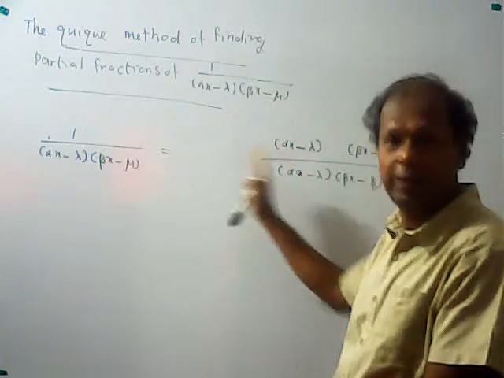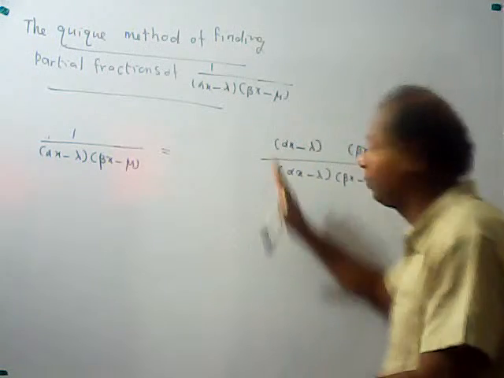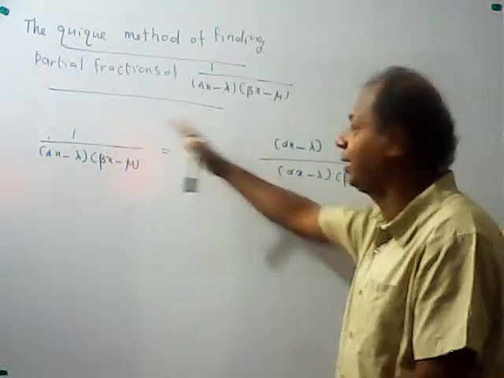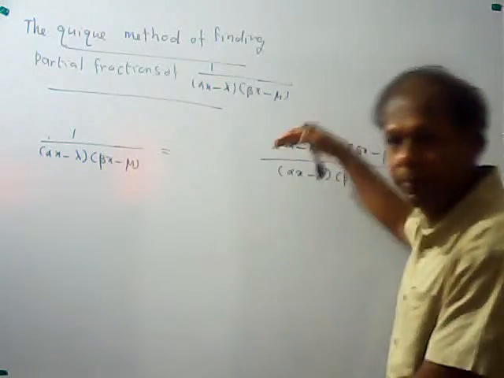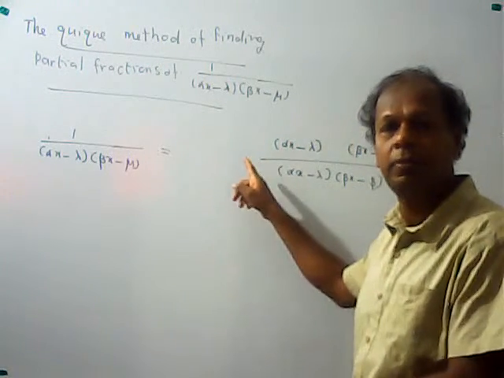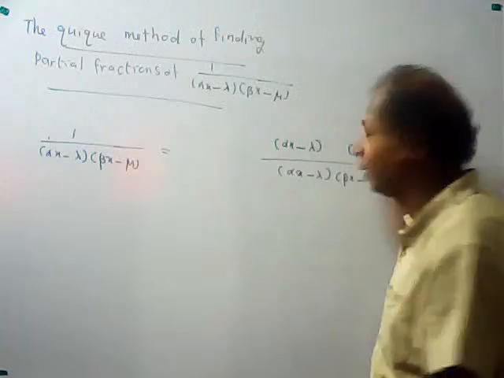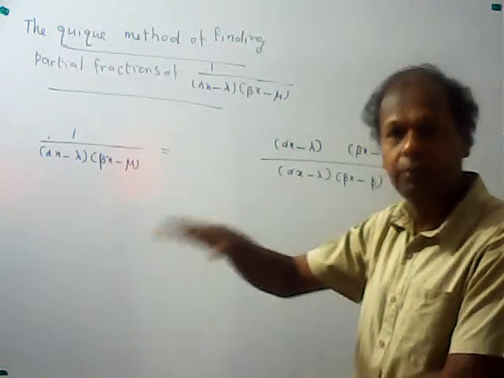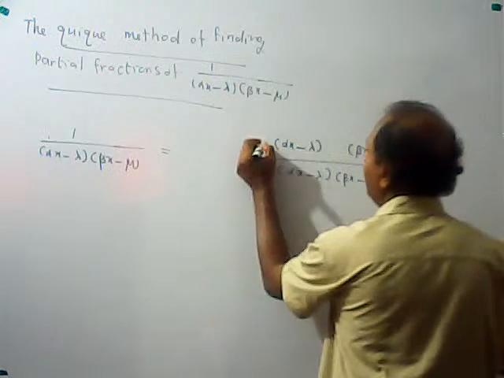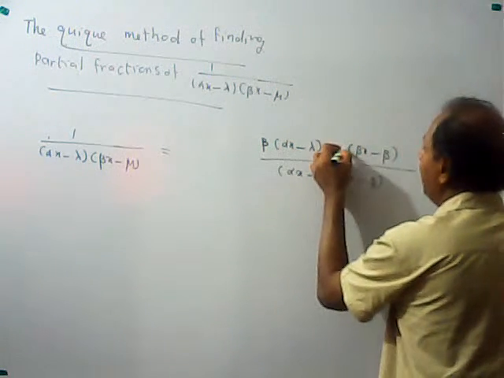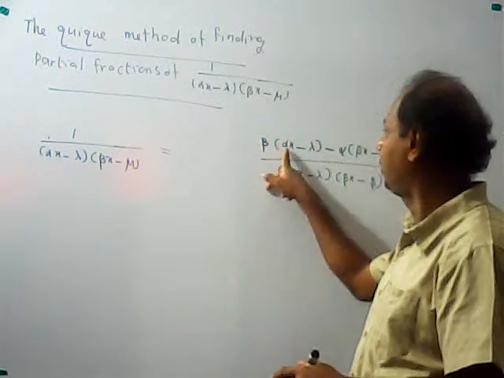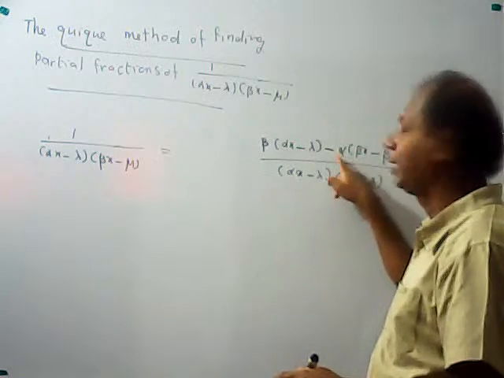But at first sight you see that they are not equal. We have to make them equal. When you are trying to make the two numerators equal, the first thing we do is get rid of x terms in the numerator. To get rid of x terms, it's easy: multiply this factor by beta, this factor by alpha, and subtract.